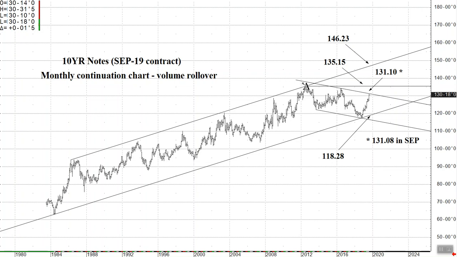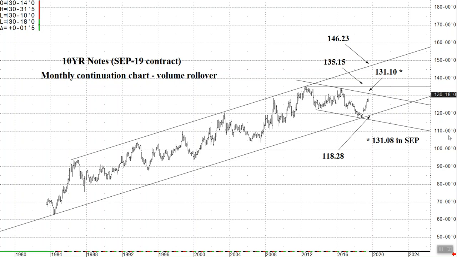And that's a very respectable resistance area. But honestly, if this channel structure is violated, if settled above at the end of August, above 131.10 or above 131.08 at the end of September, I don't know if we will actually continue into the upper 140s, but just so you know, that would be a clear possibility.